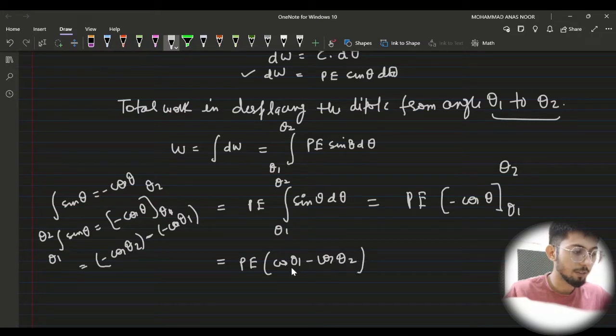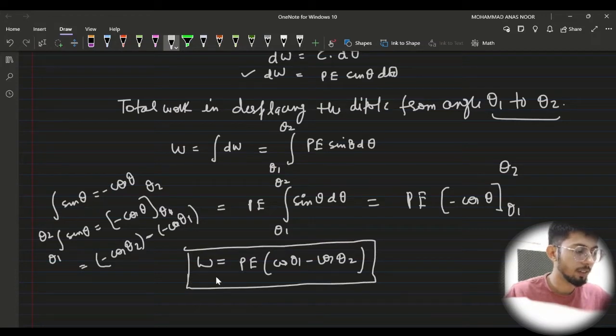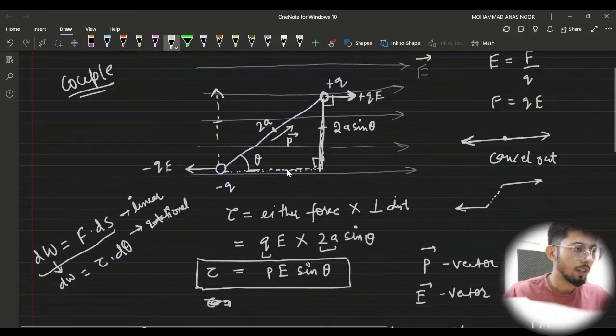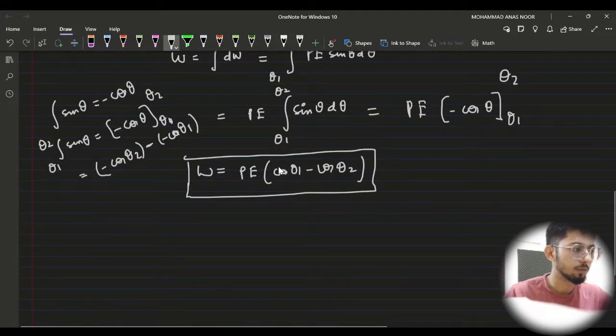Why is theta 1 before theta 2? Because of this negative sign and we change that. So this is the total work done in displacing this dipole from angle theta 1 to some angle theta 2.